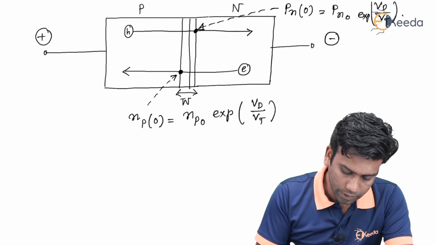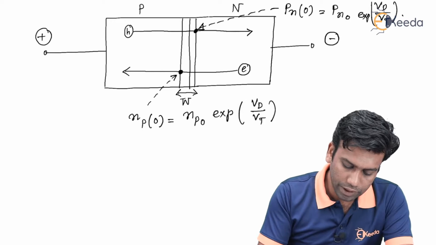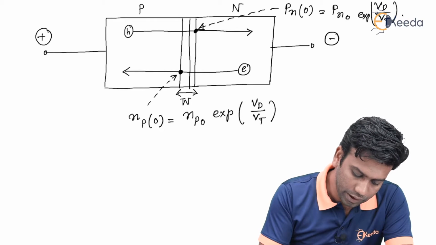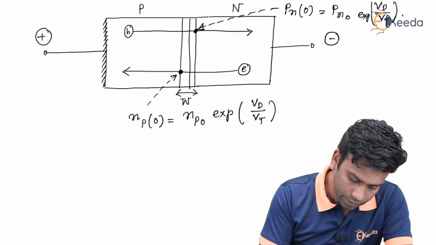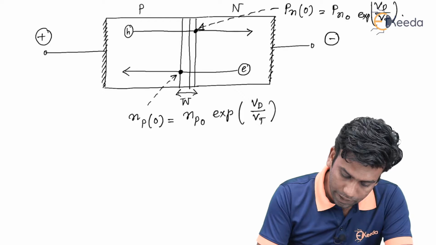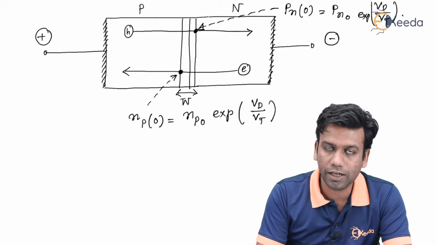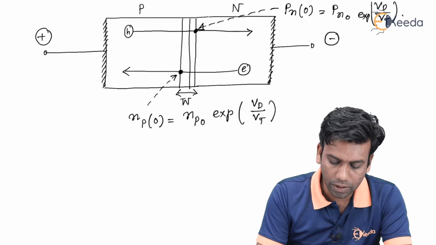Now, due to this injected minority carrier, we can say that between this metal plate and this metal plate, the injected minority carriers have been accumulated or are moving.